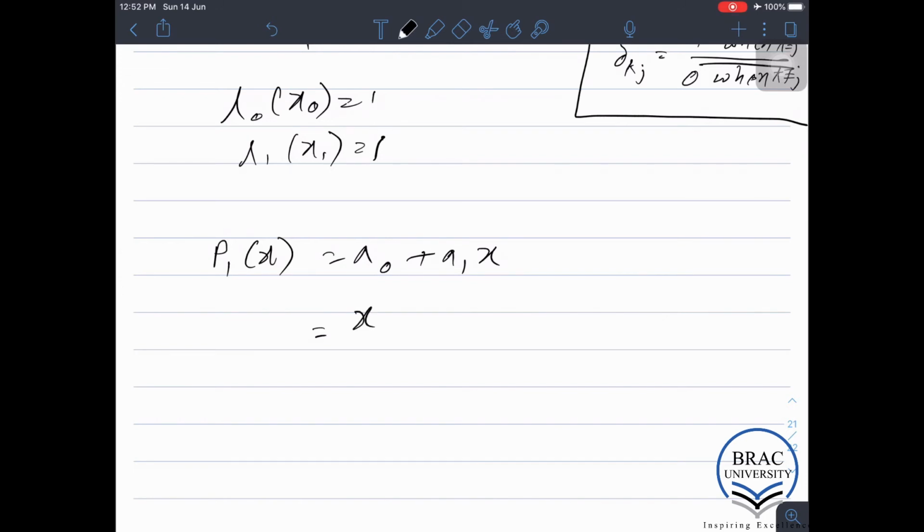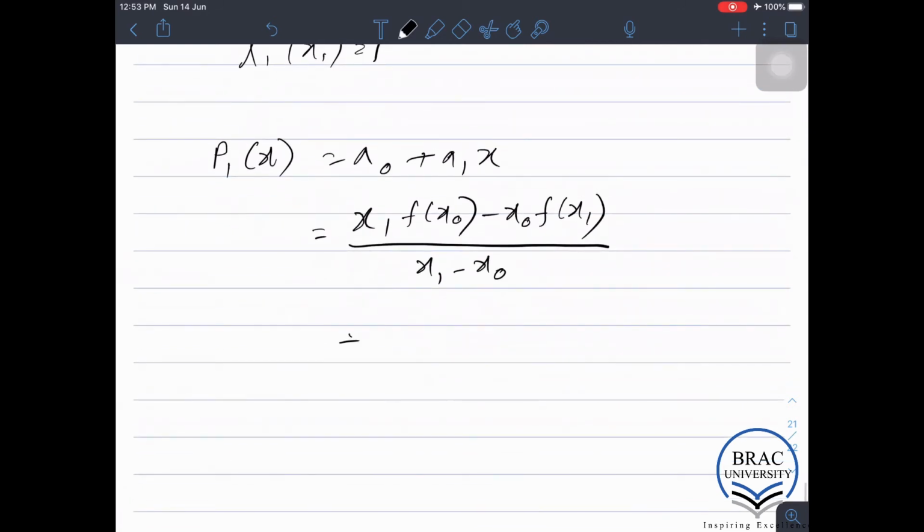And what we found is that A0 is x1 f of x0 minus x0 f of x1 divided by x1 minus x0. This was my A0. And I had one more term, which was f of x1 minus f of x0 divided by x1 minus x0, times x.